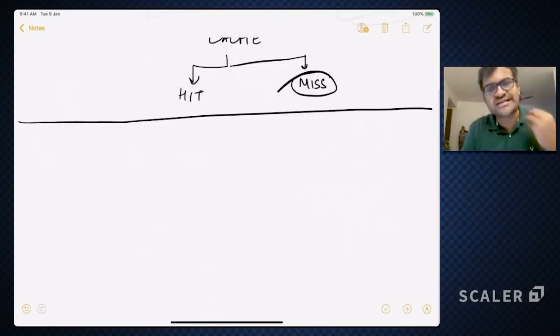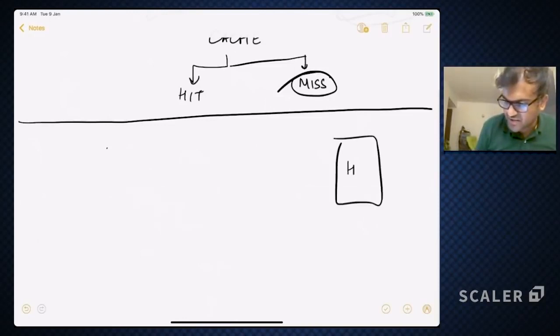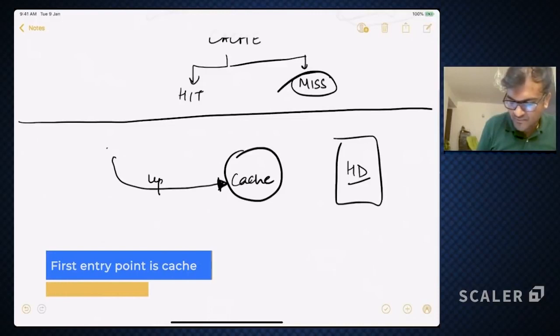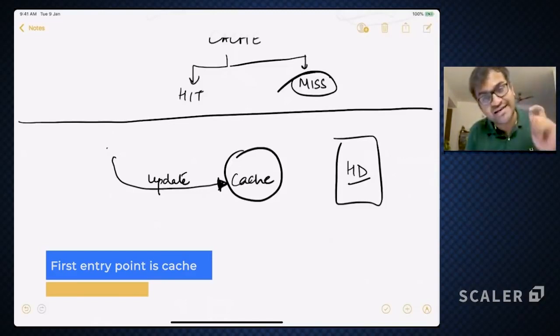So whenever there is data pertaining to me that is being updated, it does not go directly to the hard disk. Imagine this is my hard disk storage, and here is the cache. Whenever this update operation comes, it goes through the cache. So first I check, is this entry present in the cache, which is, is my profile cached?